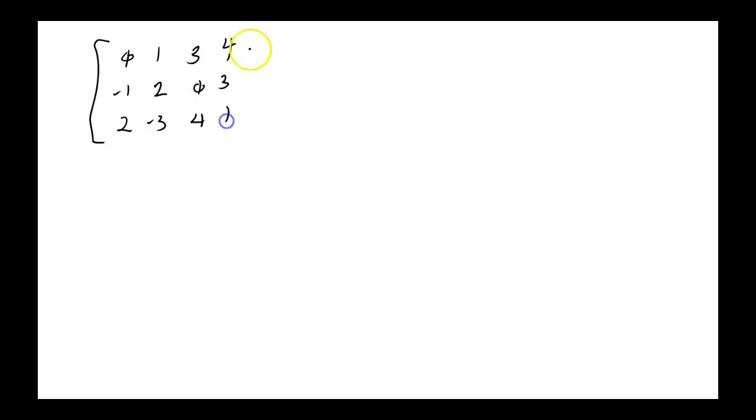Here's a matrix. 0, 1, 3, 4, -1, 2, 0, 3, 2, -3, 4, 1. I'm not going to quite do it the way the book does it. We will do it the way the book does it, but I'm not going to do it that method or procedure.